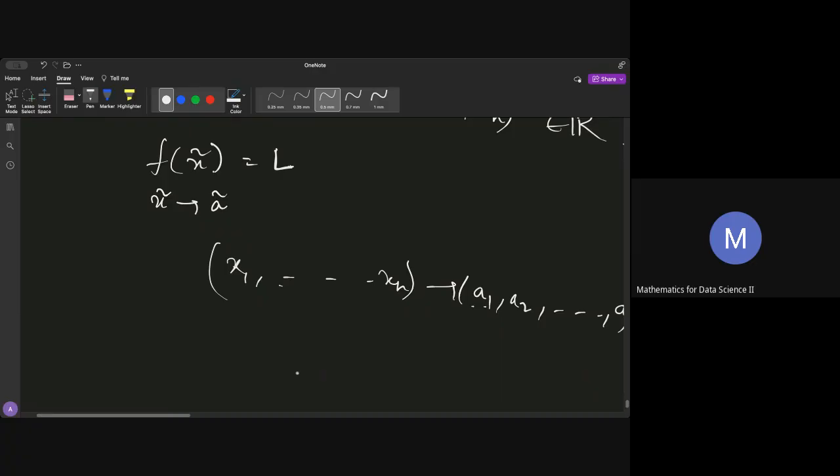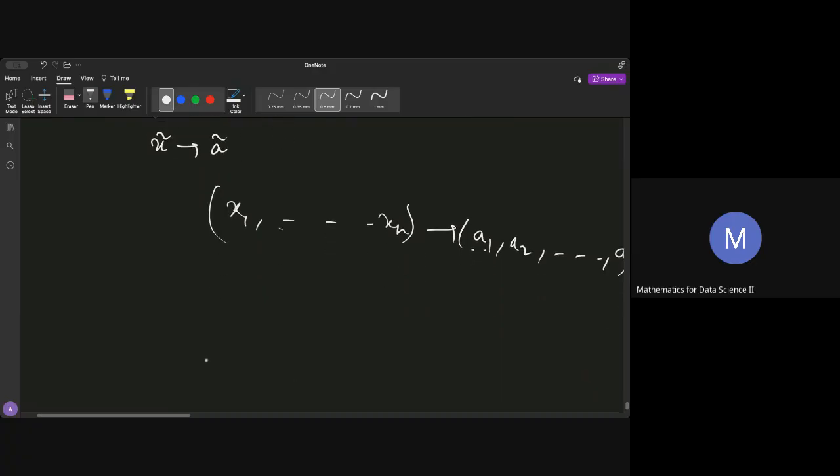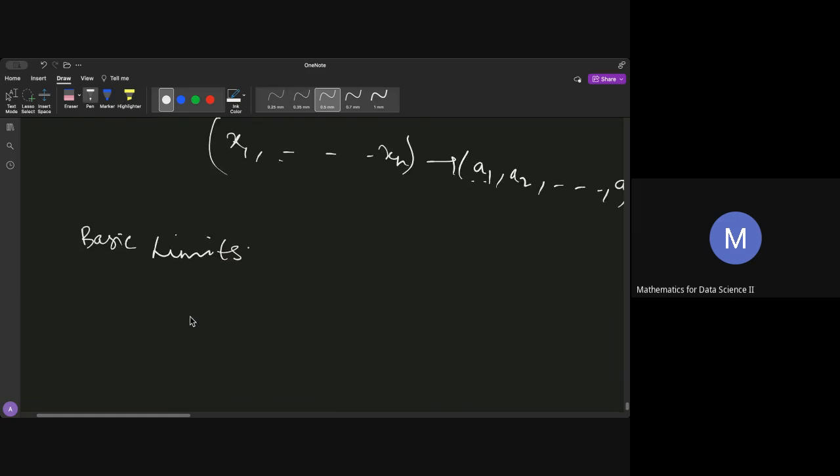So we'll do some basic limits first. These are not examples, these are basic limits that you should know. Your basic limits are xi to the power k.